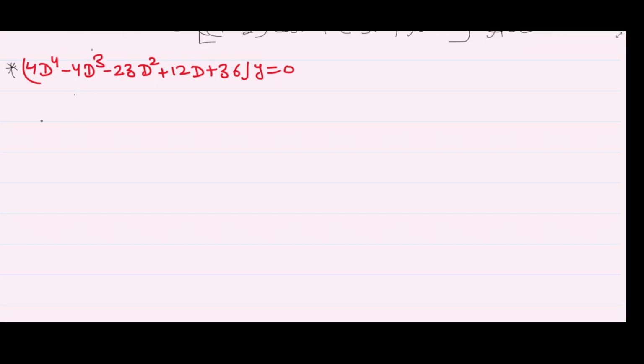So in order to apply our formula, first we have to write the auxiliary form. So this is equation number 1. The auxiliary equation of equation 1 will be m4 minus 4m cube minus 23m square plus 12m plus 36, that is equal to 0.